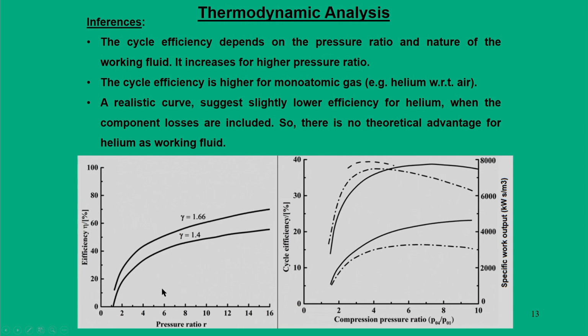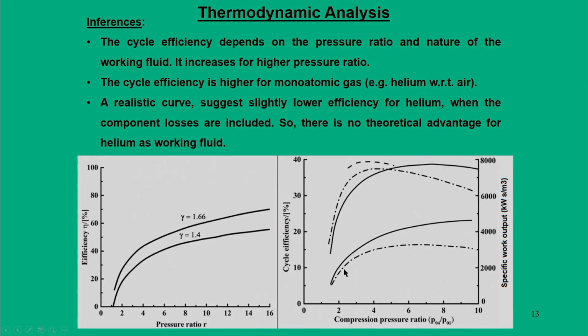So, that is the reason the Brayton cycle does not recommend any gas other than air. But apart from that, we have seen that if gamma is higher, the efficiency also goes up. But one interesting thing is that there are many limitations when you deal with helium, because the first thing is that helium is a lighter gas and it requires a large volume of helium.